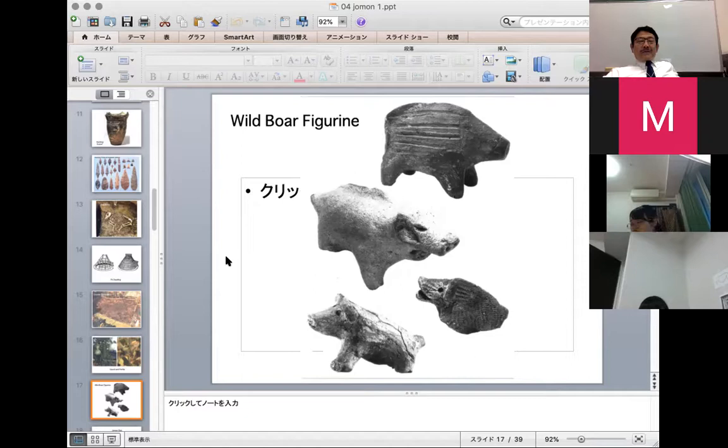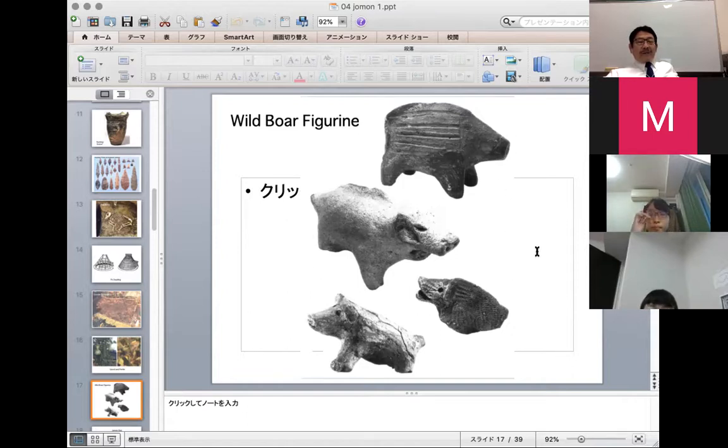And the proportion and expression of these others may suggest that they are baby boars too. So it's quite possible that they took care of baby boars for a certain time, because if you're hunting boars from spring to summer, that's the time the boars and other animals are raising their young. And if you hunt the adults, then the young will be left alone.